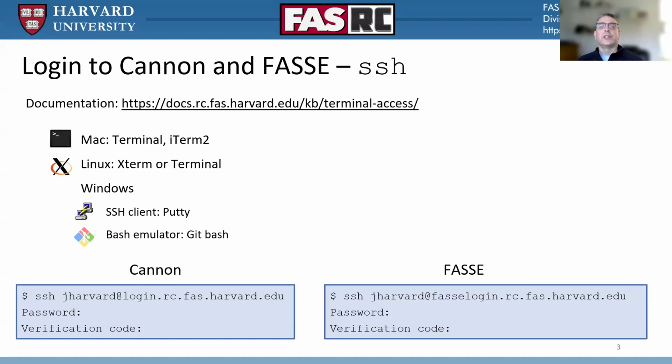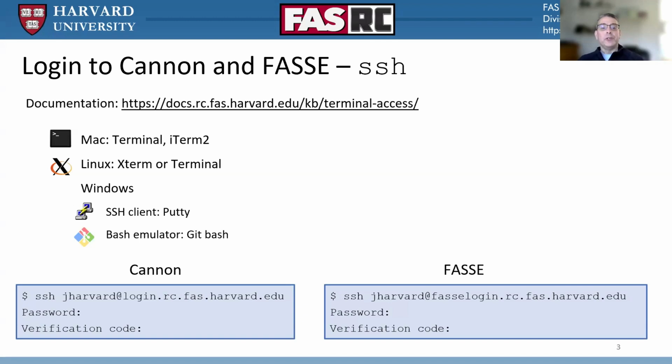So first of all, to log in, we'll give you the documentation reference here. All of this is on our docs site, so please refer to that. If you need reminders on how it is, once you go through it a few times, it almost becomes natural.